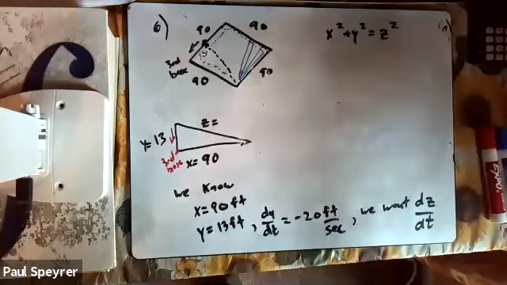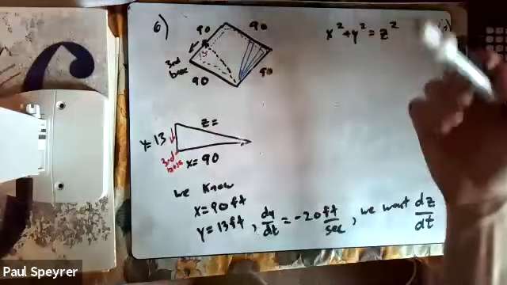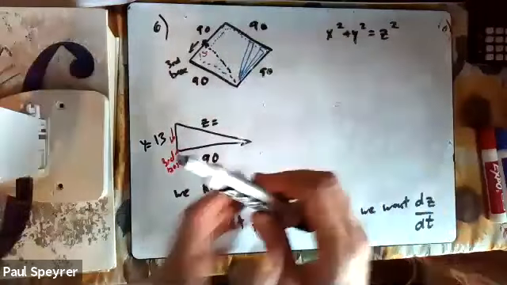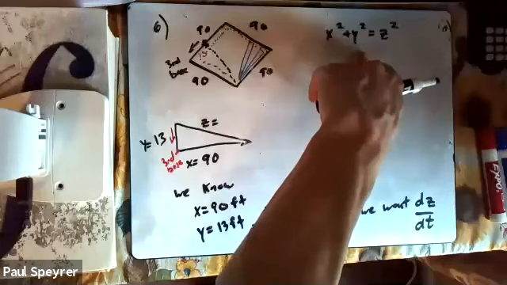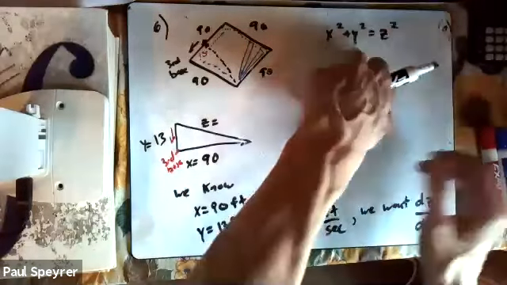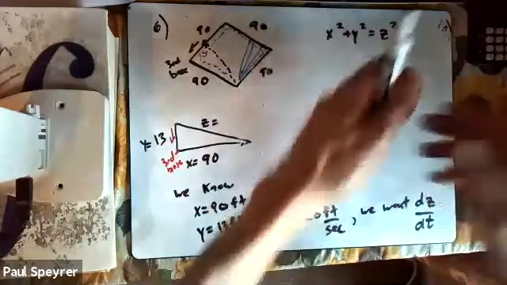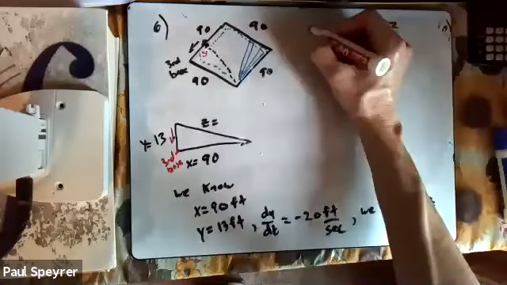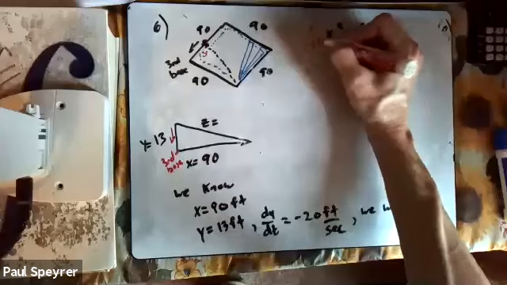Now, let's derive our equation, just like what we've been doing. You take the derivative of our triangle equation with respect to time, like we did in the previous problem with the ladder. It's the same thing: d/dt of both sides.